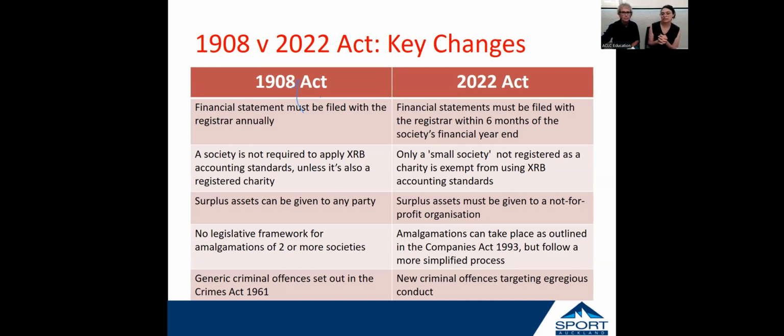Another change will be that members will need to consent to becoming a member of a society. That probably happens in most cases, particularly if you're a sports club and you have a roll of members and people pay an annual sub. I'm a member of a bowling club. When I pay my annual sub, that'll be seen to be consent.